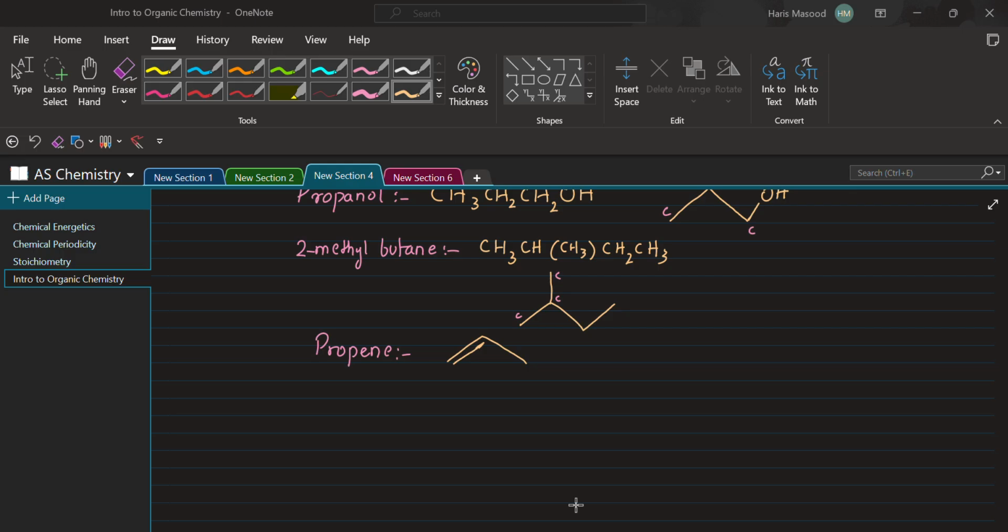Before studying the naming or how to name the organic compounds, we will be studying one concept of functional groups and homologous series.